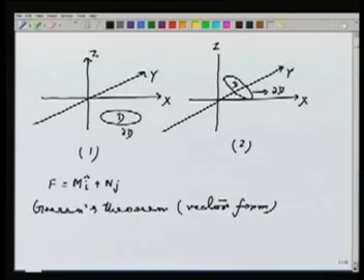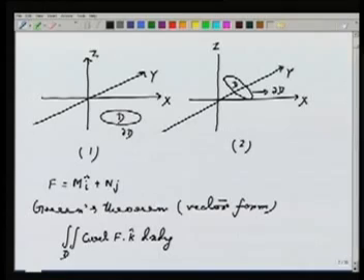It is given as the double integral over D of curl f dot k dx dy, where k stands for the unit vector, equals the integral over delta D of f dot ds.